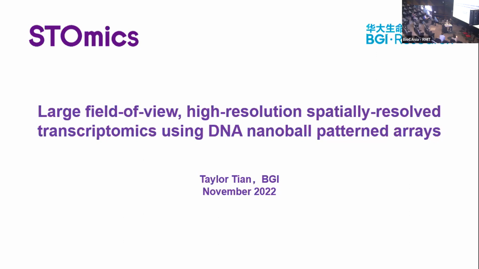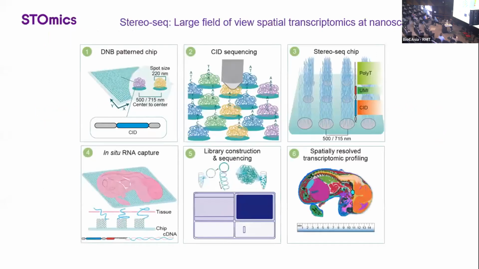It's great to have this opportunity to talk a little bit about the Stereomics solution of BGI Research. The name is Stereo-seq. It's a large field of spatial transcriptome solutions.